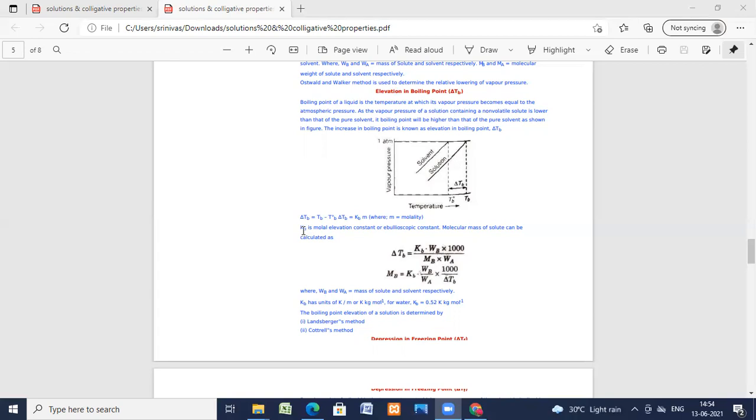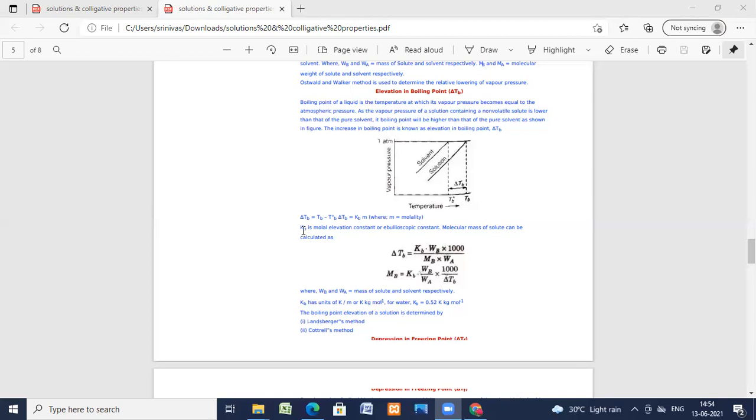Now, using the Cottrell method, we determine this. The Landsberger method or the Cottrell method you can take. The Cottrell apparatus consists of a graduated boiling tube containing solvent or solution, a condenser, and a graduated tube.